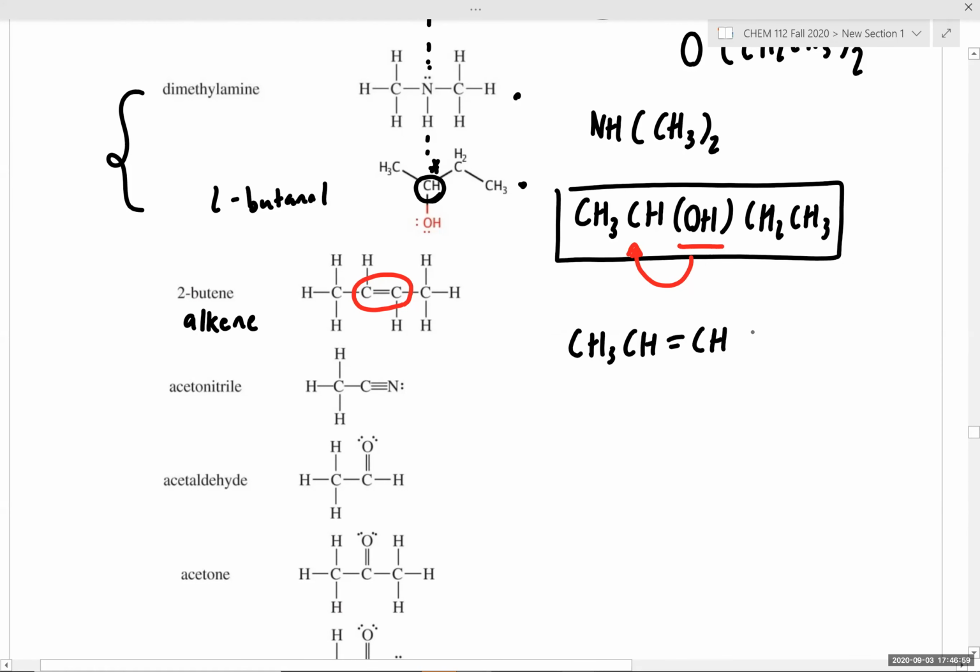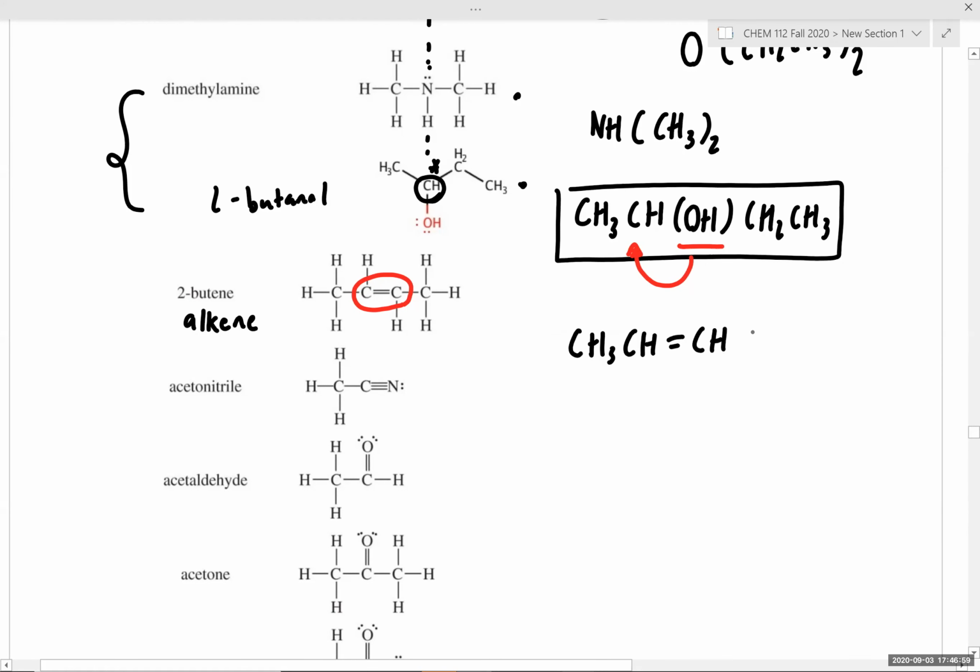Aldehydes are represented by RCHO, while alcohols are represented by ROH. So aldehydes have a unique condensed structure to explicitly note the fact that we have an aldehyde rather than an alcohol. So we write out our CH3 group, and then we condense our aldehyde by writing CHO. And this is a signpost we are dealing with an aldehyde.